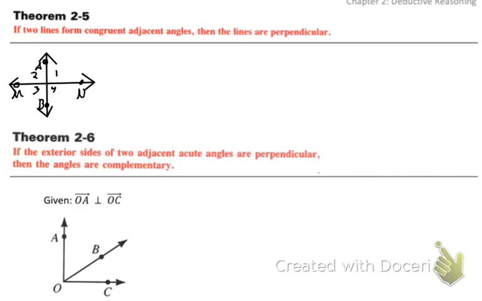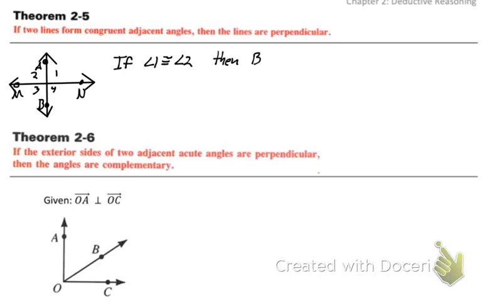All right, so this theorem just goes the other direction. This one says if angle 1 is congruent to angle 2, because they add to 180, they must be 90 degrees.